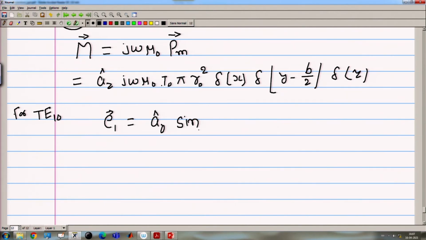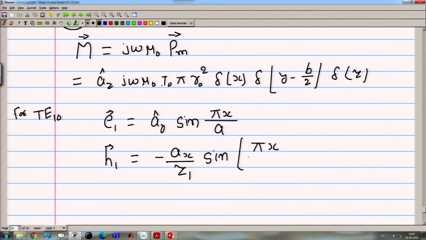E1 vector will be A by, sine of pi x by A. H1 will be minus of x upon Z1 sine of pi x upon A. So, that is H1, where Z1 is the wave impedance, that is k naught eta naught divided by beta 1.